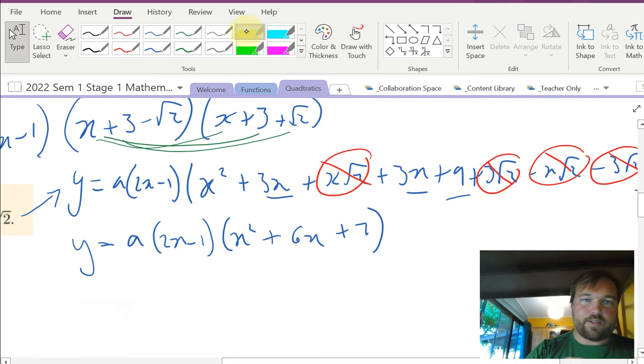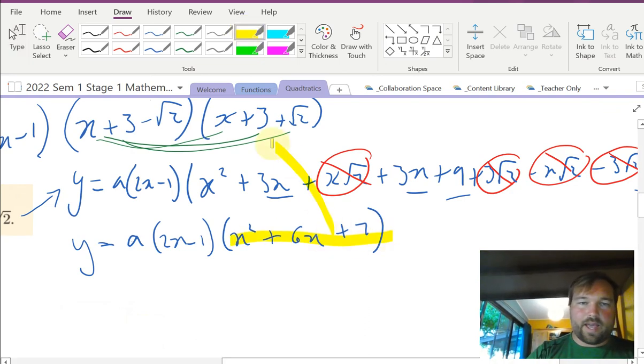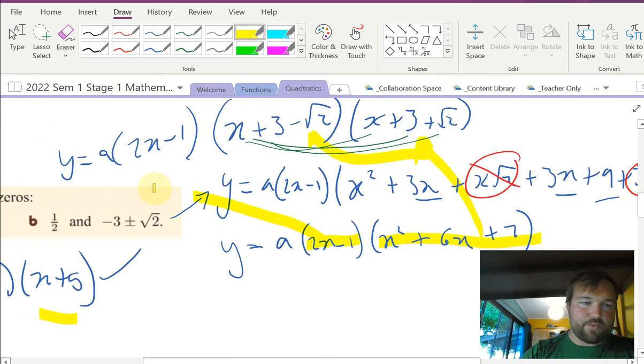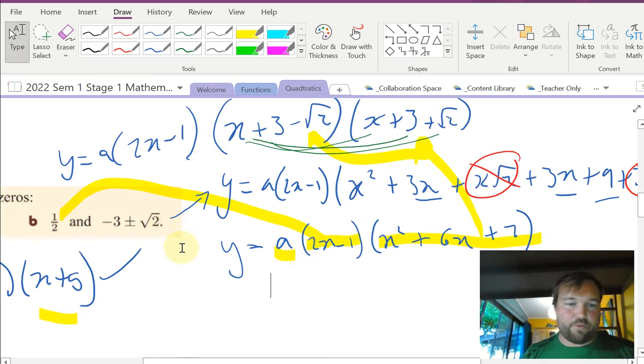So this quadratic here has these two roots, or two zeros, and this one comes from there, and the a gives us all the polynomials with that form.